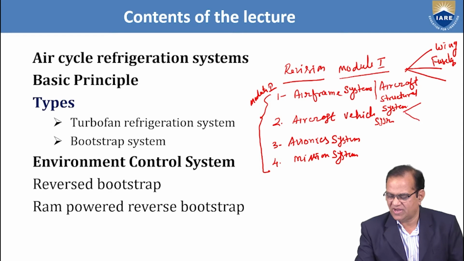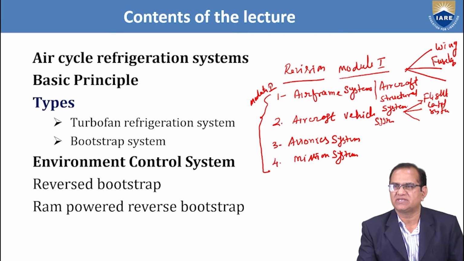Next, if you talk about the aircraft vehicle system, in the aircraft vehicle system we have the flight control system. Then second one, we can see the propulsion system. Third one is fuel system.